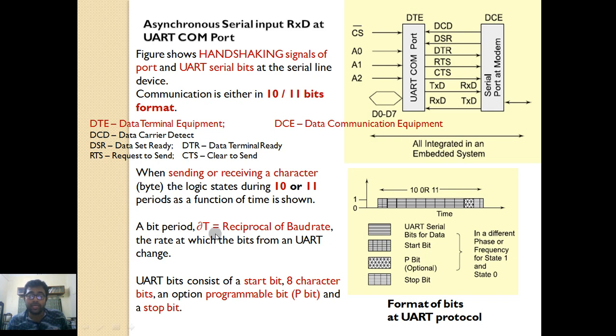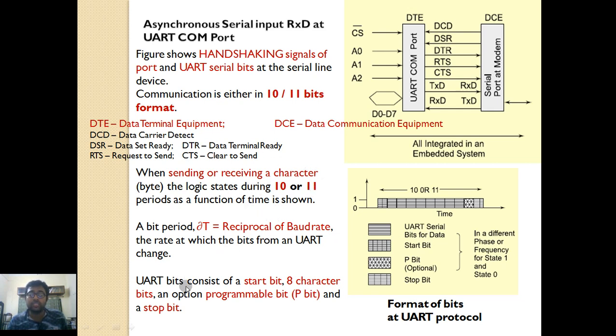A bit period delta t is equal to the reciprocal of the baud rate, the rate at which the bits from a UART change. UART bits consist of a start bit, 8 character bits, an optional programmable bit, and a stop bit. This is the format of the UART protocol. Simple. So why these logic states in the 10 or 11 periods?